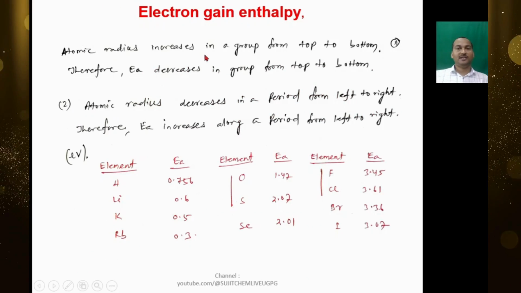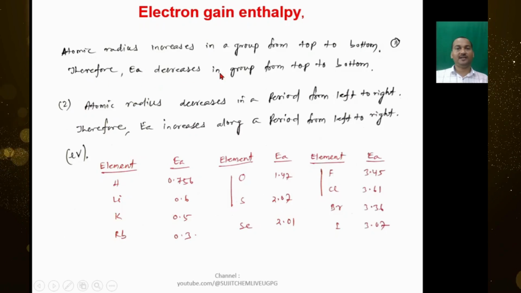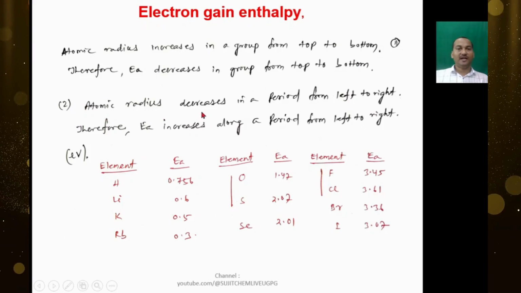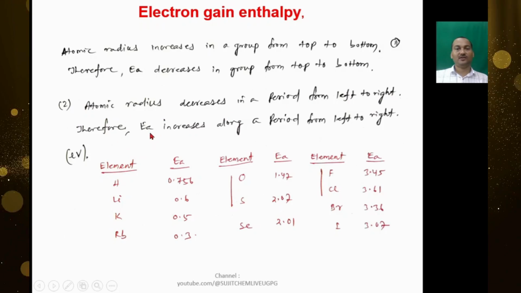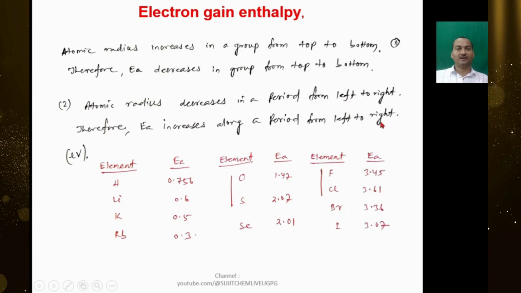Atomic radius increases in a group from top to bottom, therefore EA decreases in a group from top to bottom. Atomic radius decreases in a period from left to right, therefore electron affinity increases along a period from left to right.